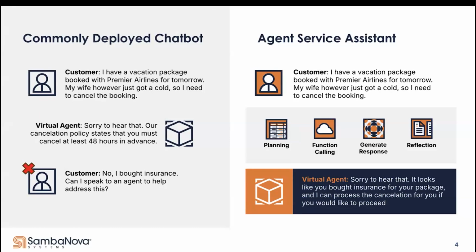However, the difference with an agent is that it has these actionable tasks and capabilities, so that it's much more realistic to a human response, which is very exciting because this is where we get trapped in a limitation with large language models right now. So this customer is asking the same thing, but now an agent is able to plan, access external tools through function calling, generate the response, and also reflect on that response in order to provide the user a much more human-like response.